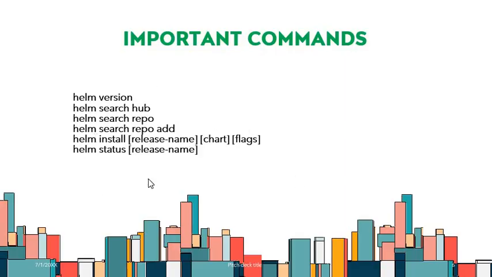So basically you have seen how to use these commands, and this is just for the beginners. You can go deeper using the Helm chart in managing the Kubernetes cluster.